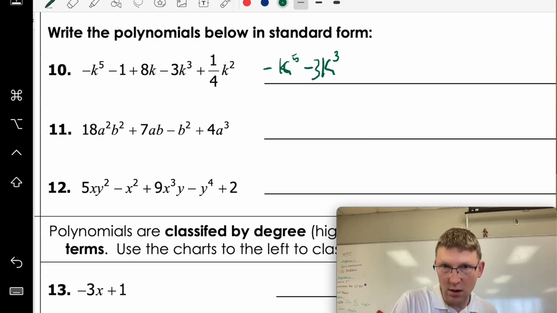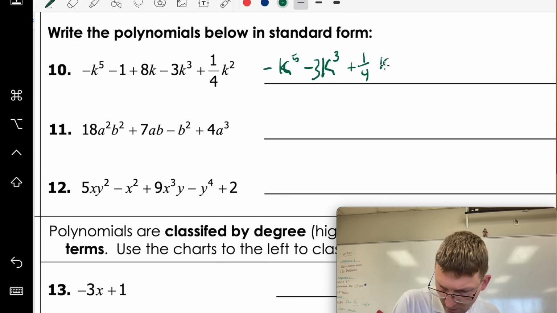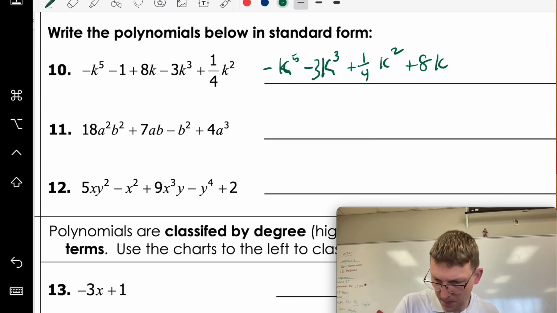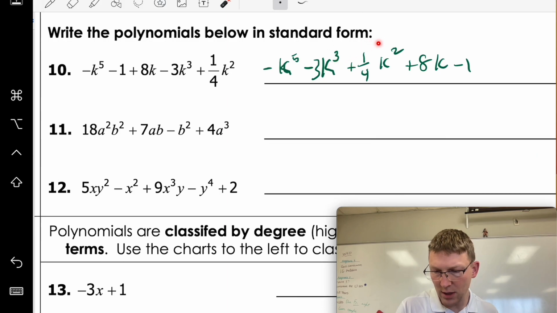K squared, 1/4 k squared. And for polynomials, it's okay to have fractions. And then we have a plus 8k and then minus 1. So hopefully you see 5, 3, 2, 1, 0. So they just go in order.